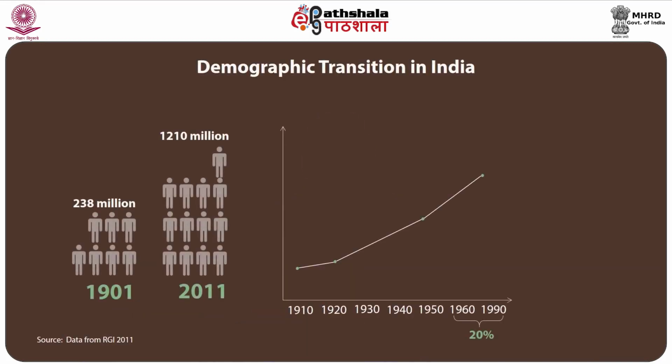So, naturally India is inching towards a rapid demographic transition and closer to a replacement level fertility and also a low mortality situation. India's population has increased from somewhere around 238 million in 1901 to 1210 million in 2011.